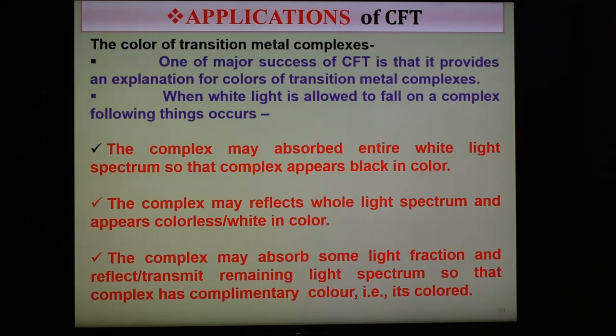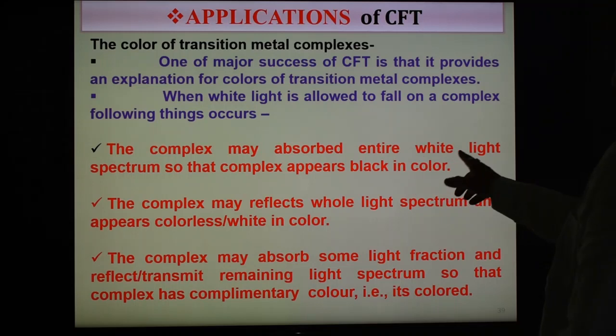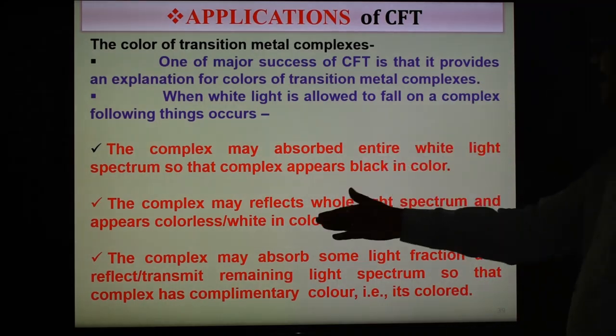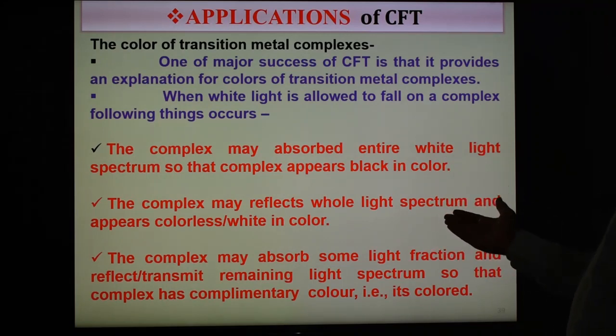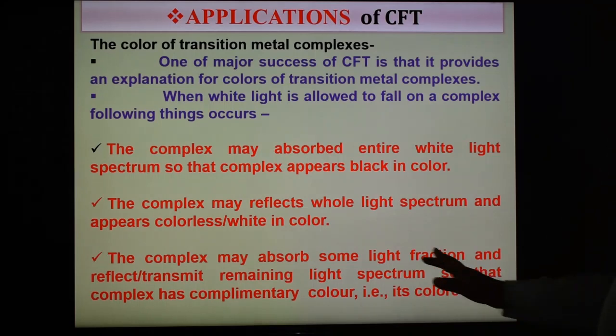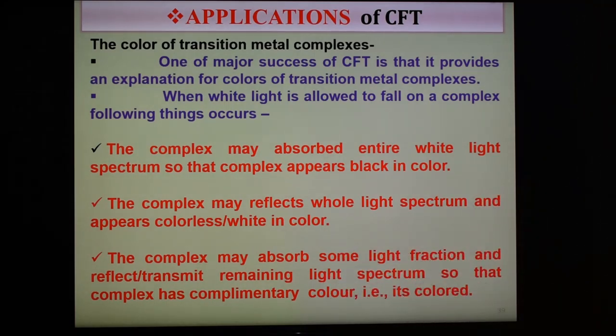We know that transition metal complexes are generally colored. When a complex absorbs the entire white light falling on it, it appears black. When it reflects all the light falling on it, it appears colorless or white. And when the complex absorbs some part of the light and some part is reflected, that complex appears colored. So this is one important application of CFT.